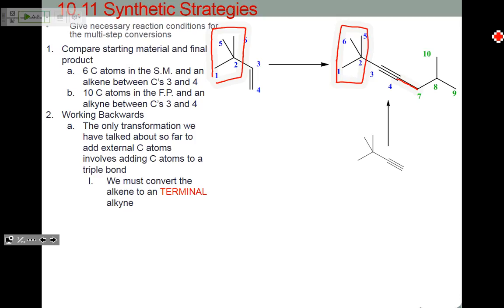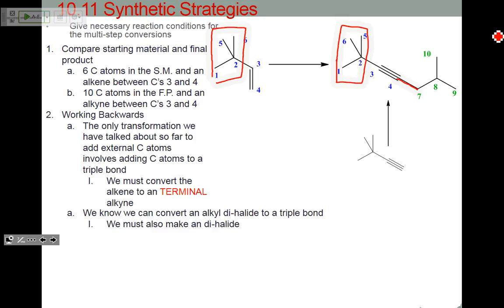And we can do that. And we know how to take our starting material to form a triple bond. We need 2 leaving groups, so that we can form a triple bond. So we're starting to come up with our synthesis. We can take a double bond and add 2 leaving groups to it.